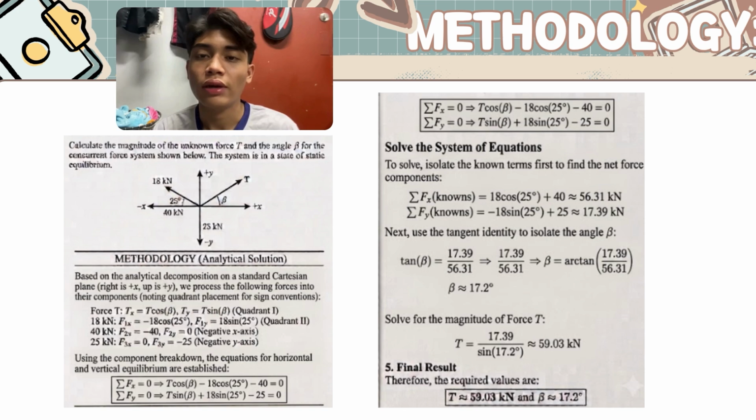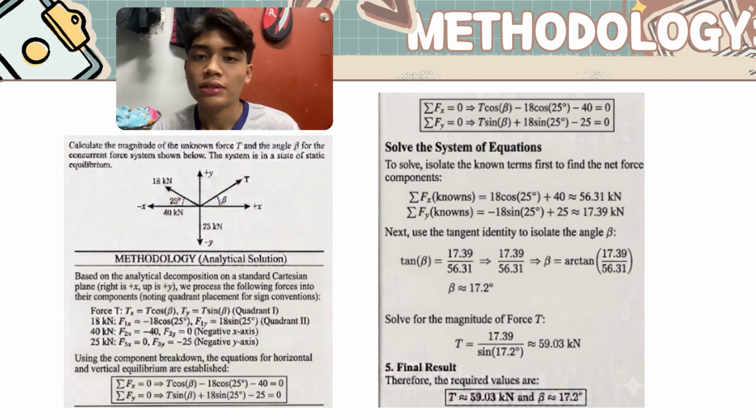We look at where each force sits. The unknown force T sits in quadrant 1, giving us positive components. The 18 kN force is in quadrant 2, meaning its horizontal component is negative, while its vertical component is positive. The 40 kN and 25 kN forces lie directly along the negative x and negative y axes, respectively.